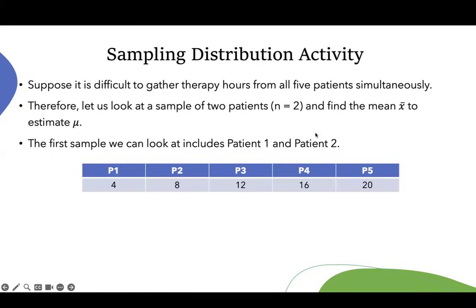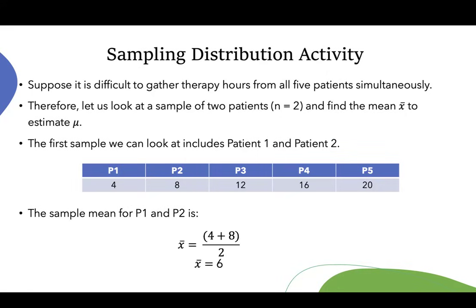So from this list, we are going to look at patients 1 and 2. We're going to look at their values and calculate the mean of this sample. So our sample just contains 2 items, 4 and 8, and the mean of that sample is 4 plus 8 divided by 2, which is 6. Okay, so the x bar, the sample mean for our sample, is 6.